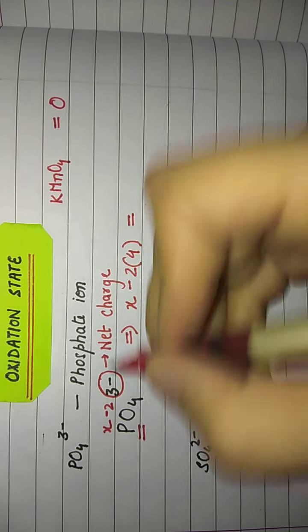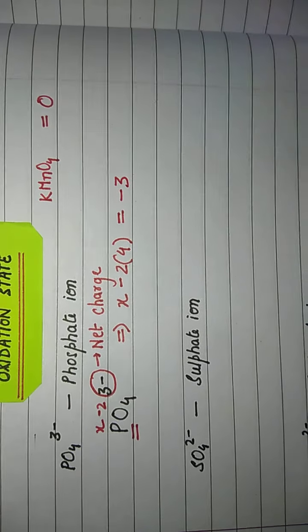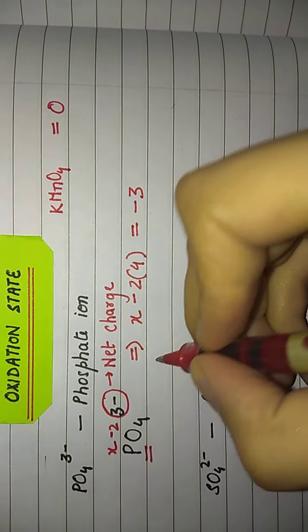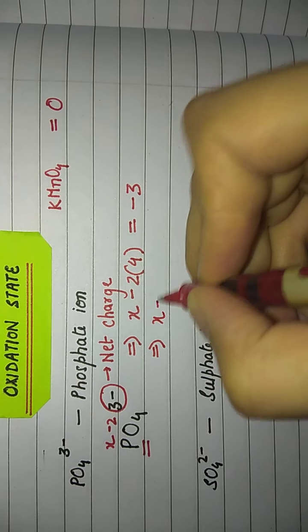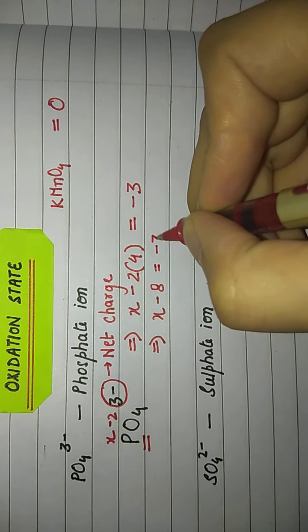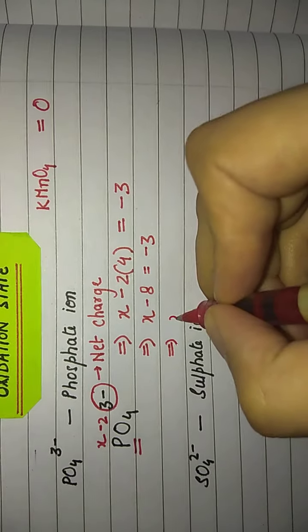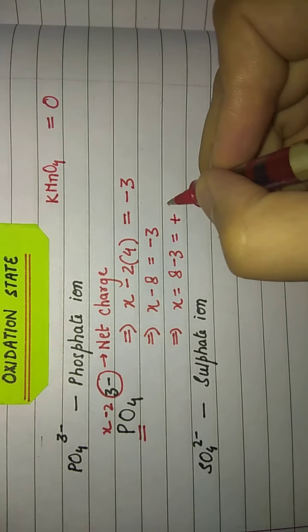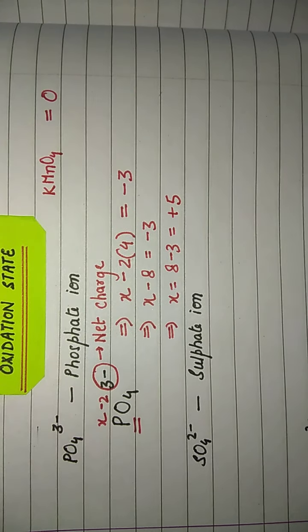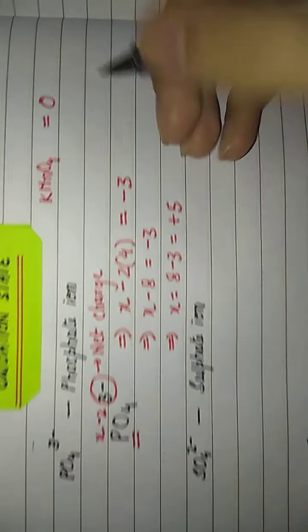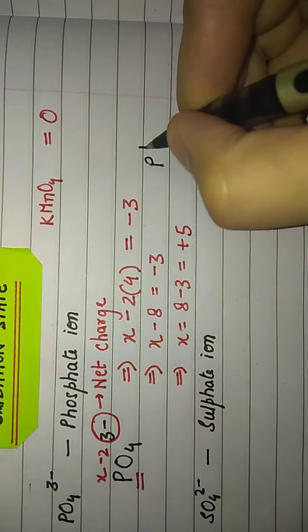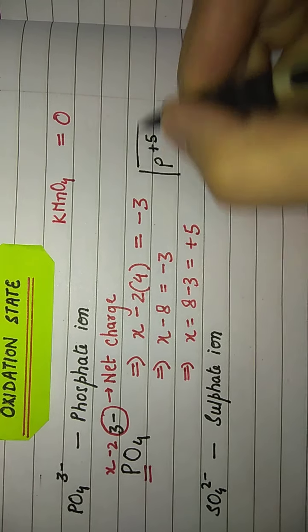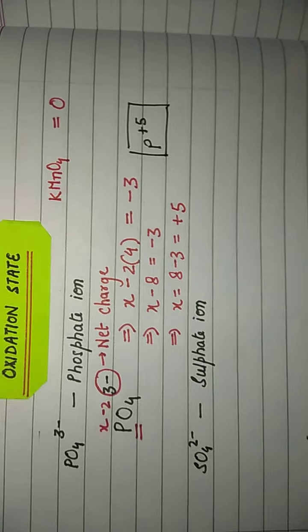The total charge here, -3. So X minus 8 will be equal to -3. So X will be equal to 8 minus 3, which is +5. So that means in the phosphate ion, phosphorus exhibits an oxidation state of +5.